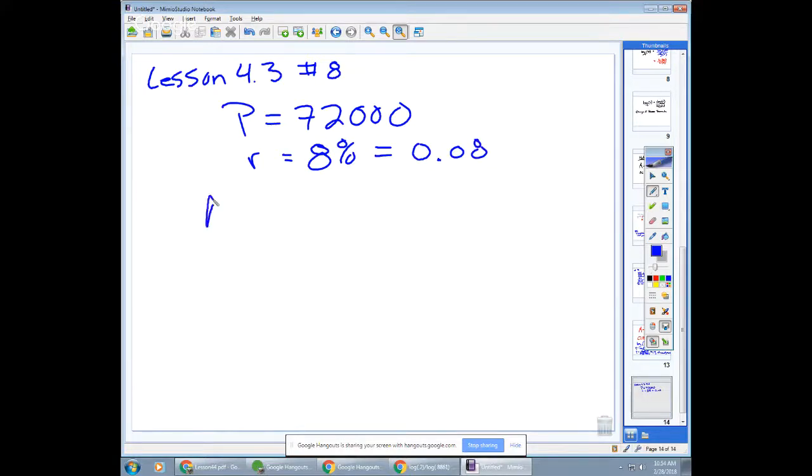So for my formula, the new amount is going to be 72,000 times 1 plus 0.08, so 1.08, raised to the amount of years, t. So that's the formula for how this town is changing. What we want to do is figure out when it's 160,000. So we have to set our formula equal to 160,000 and solve.